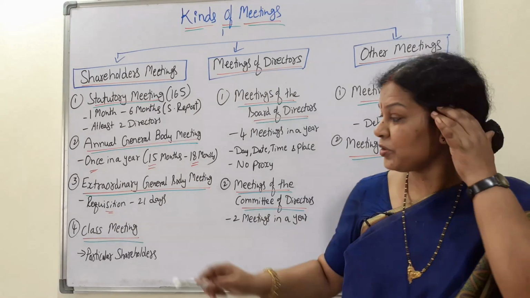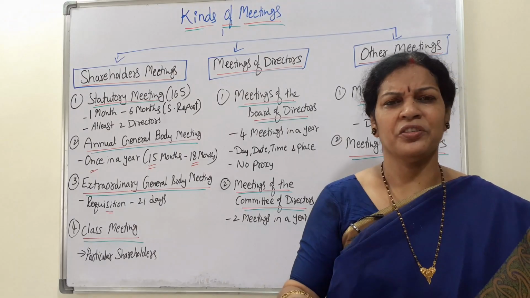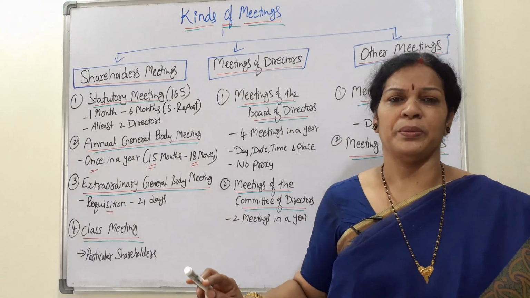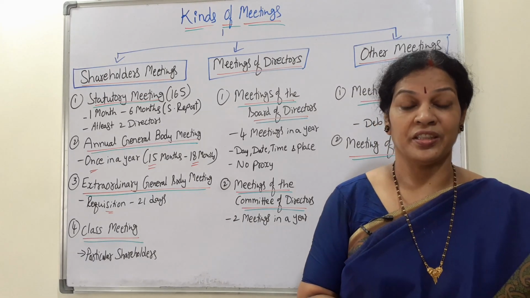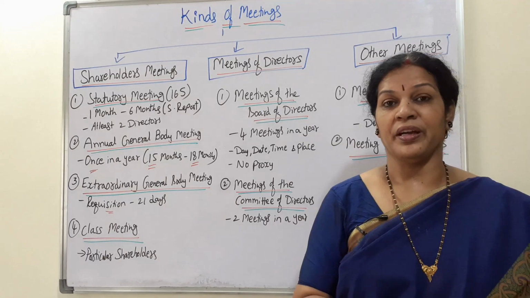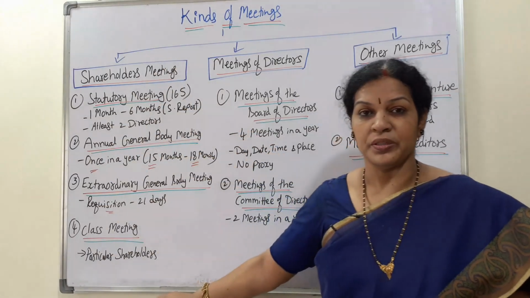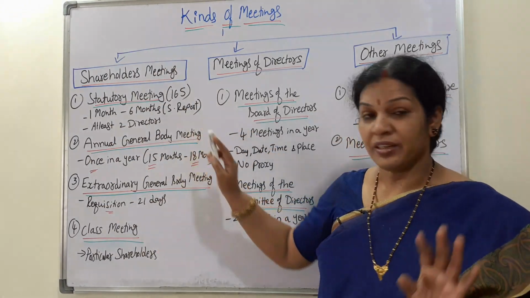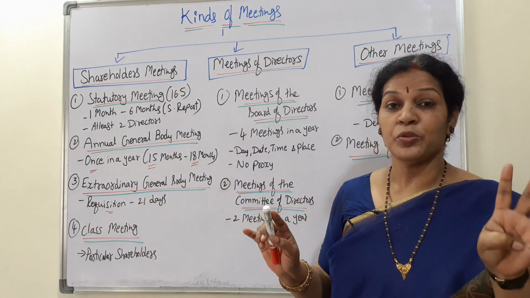So we call these class meetings. Not all the shareholders are required, only a particular class of people. Then you can call them, discuss, take their opinion, and take any kind of decisions. So this is about the shareholders meeting.